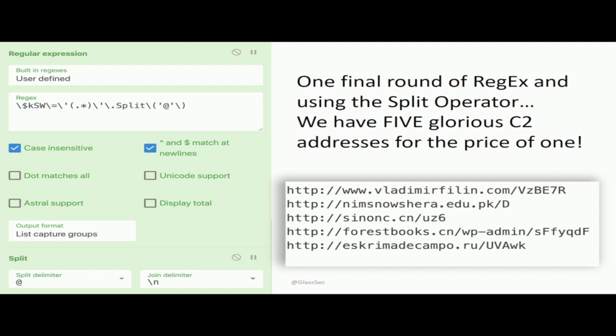And then one more round of RegEx because it's cheap. And I grabbed the URLs, and then voila. One of the best parts about using the manual detection here for Emotet is that traditionally Emotet has had 5 C2 URLs per sample.